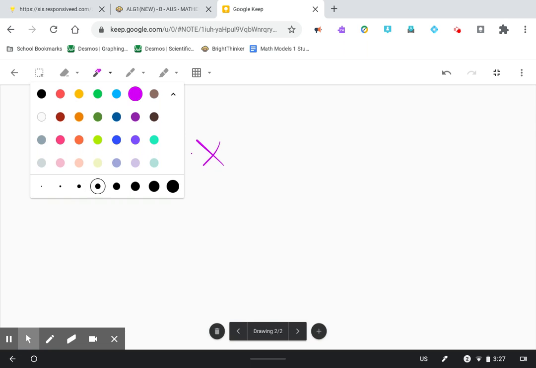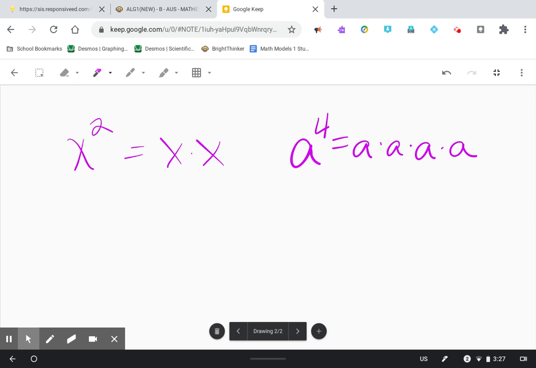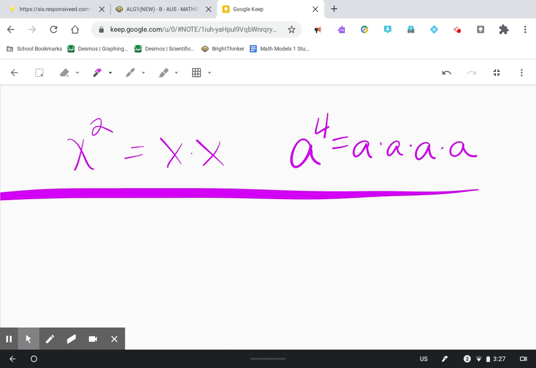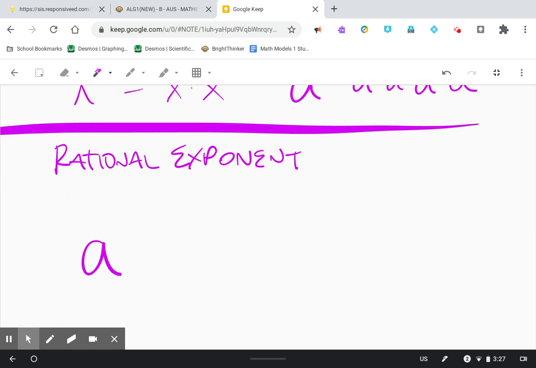Multiply x times itself twice. Or we've had a to the fourth. It's a times a times a times a. So what does it mean, for instance, when we have a rational exponent, which in other words means something like this, a to the 2/3.